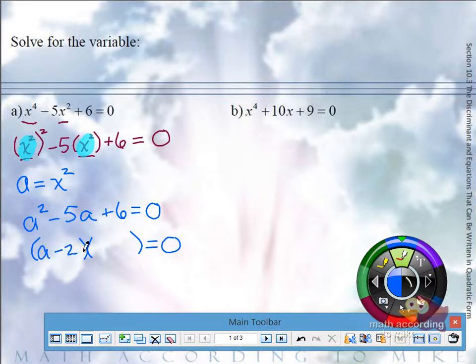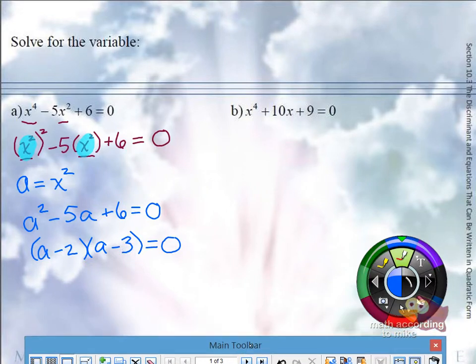A minus 2, a minus 3. If we set the first factor to 0, what do we get for a? And the second factor?